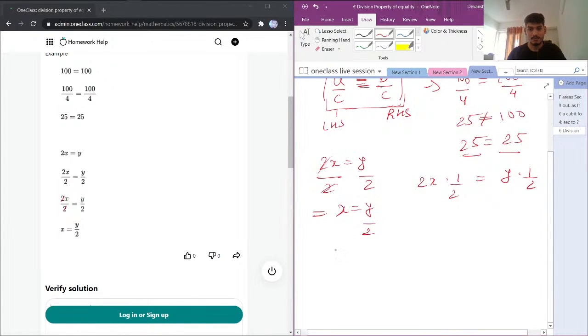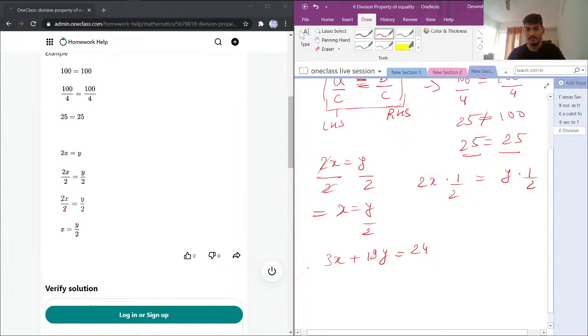In the same way, let's say we have one equation, 3x plus 19y equals 24, and we need to solve this equation in terms of, let's say, y.